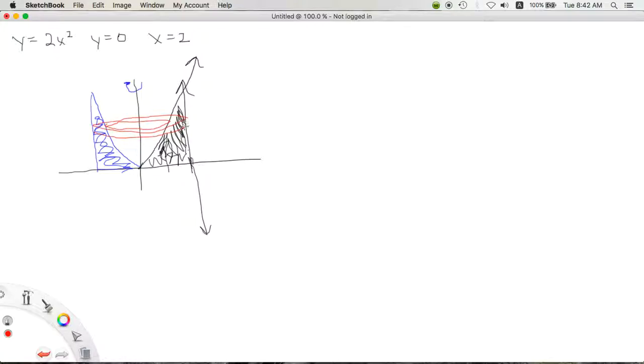So we're looking at dy. We started at y equals 0, and here this is the point 2, 8. There we go. So we're going up from 0 to 8.